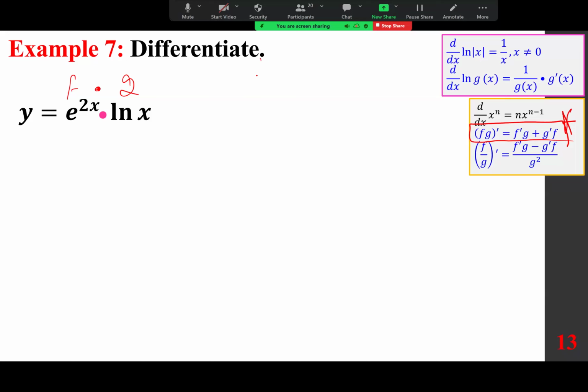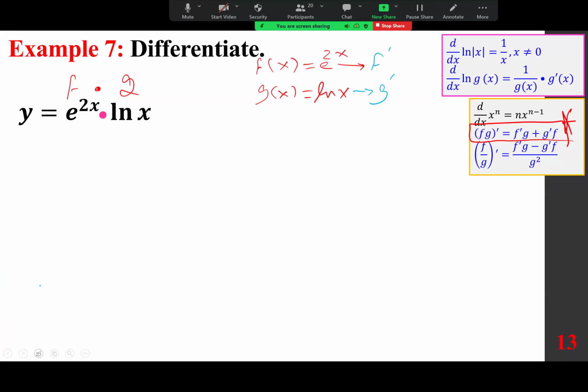If you want, you can write f of x. You can write g of x. And now find f prime, find g prime, if you want to do that. And then separately put them in, or in one shot.